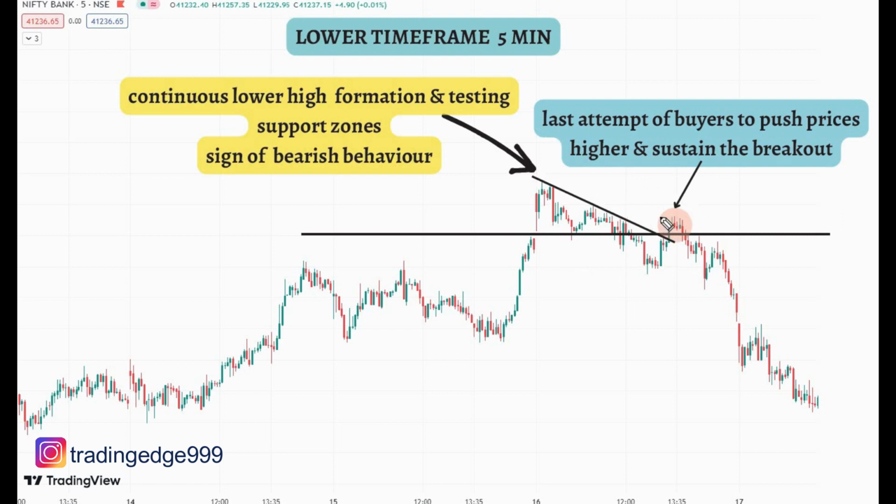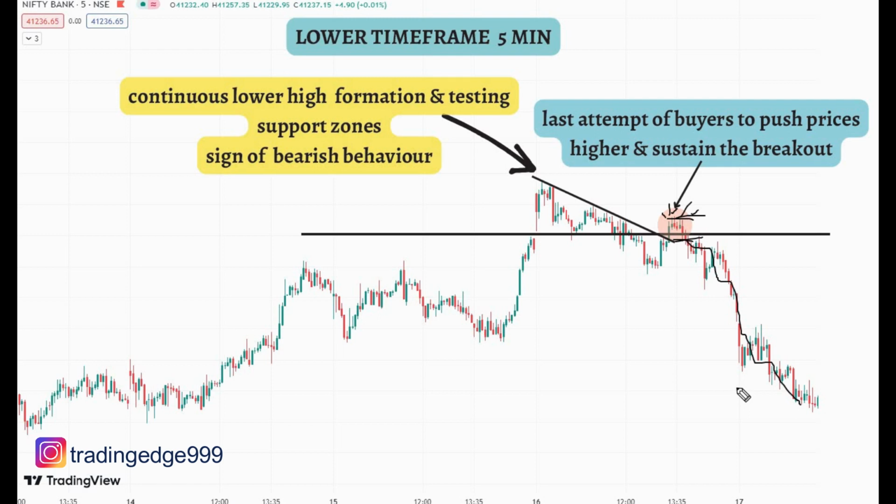But after the breakout, multiple rejection candles are forming, indicating that bulls do not have the strength and power to continue the upward momentum. Again, prices got rejected from here and broke this important support zone. So we'll sell here, stop loss here, and see the huge downside momentum after that.